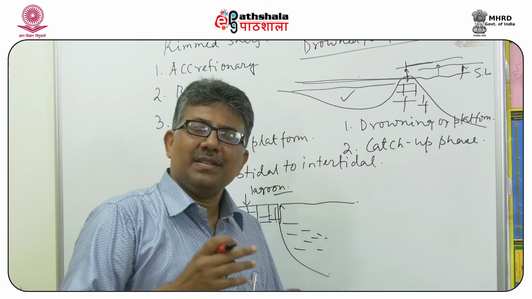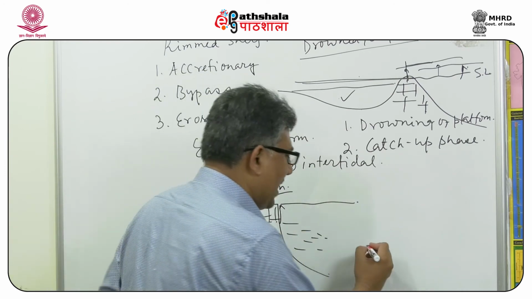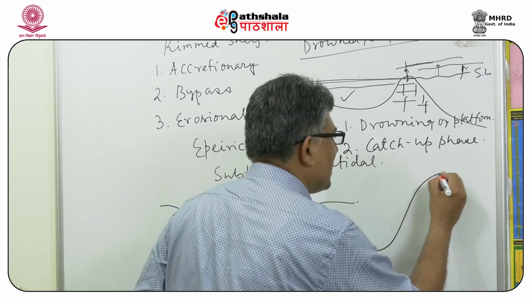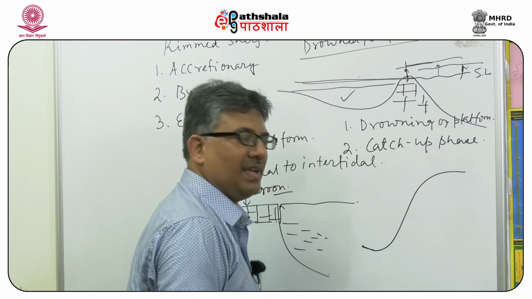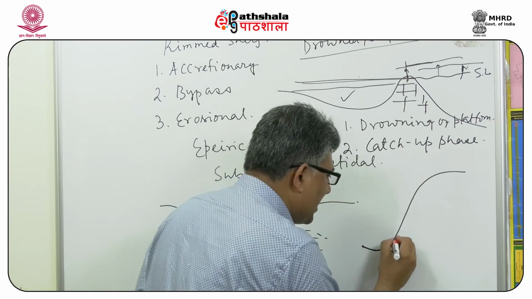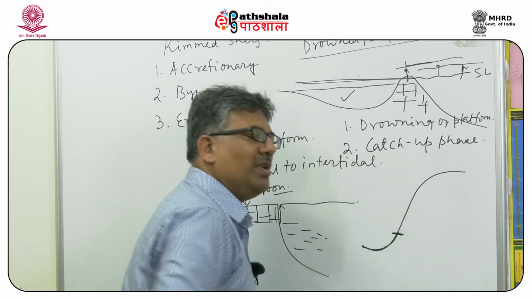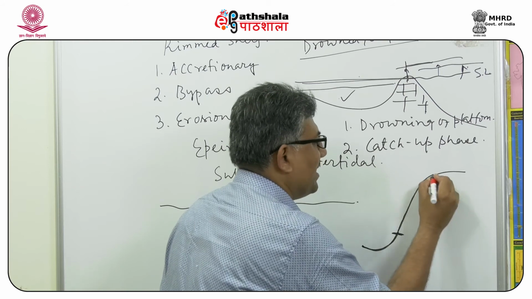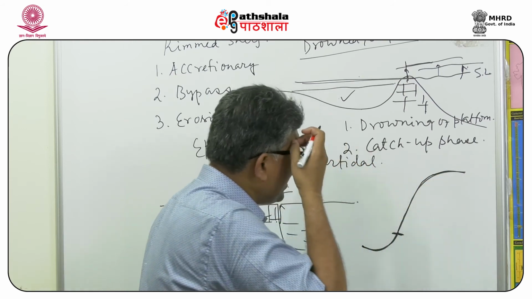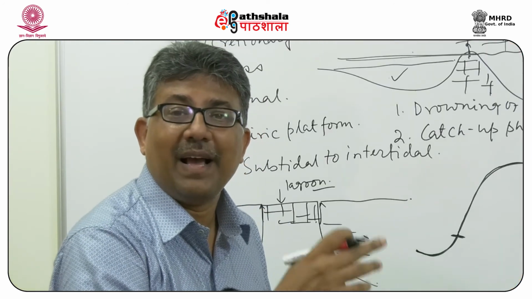When the relative sea level is rising, if I see the relative sea level curve, it can be something like this, where the sea level from the low level will be rising. But when it starts rising, the slope of the relative sea level will be very low, and then it will pick up and the slope becomes very high. Commonly the entire geometry of the relative sea level curve becomes a sigmoidal kind of shape.